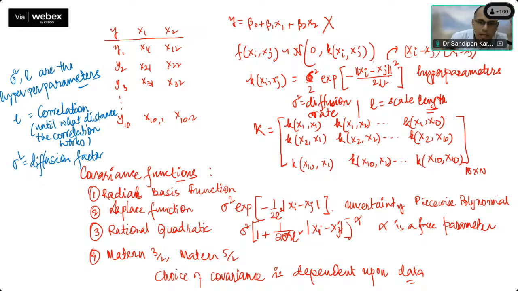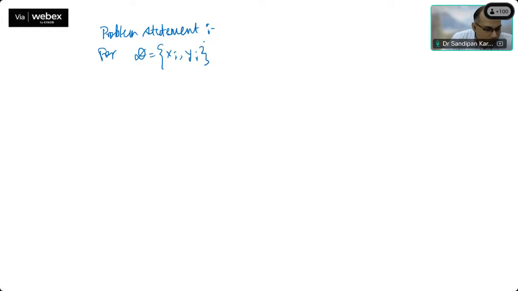Okay, so let us go into how you are going to use this particular Gaussian process in our predictive model. The problem statement is: I have a data set D equals to xi, yi.